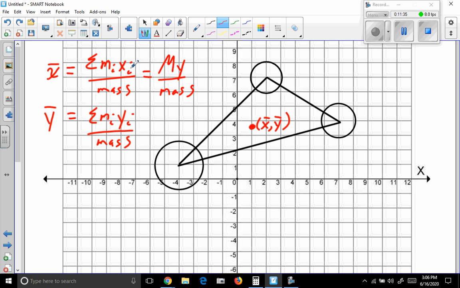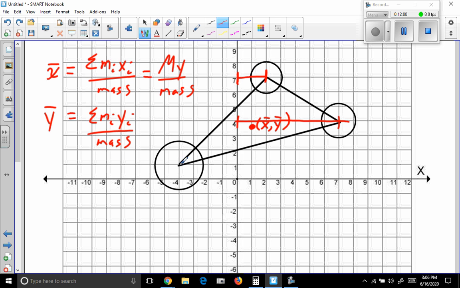Now, if this is x, why is that called y? Well, if we're looking in the x direction, this is the x distance to that point. This is the x distance to that point. X is measured from the y-axis.